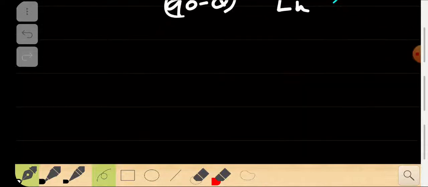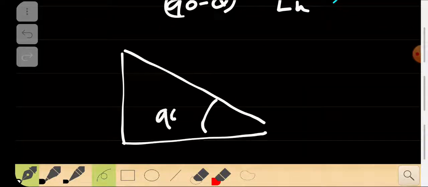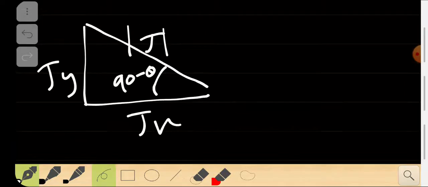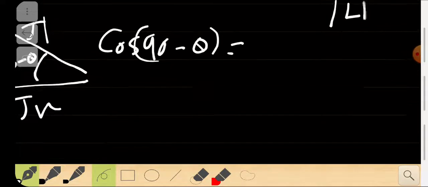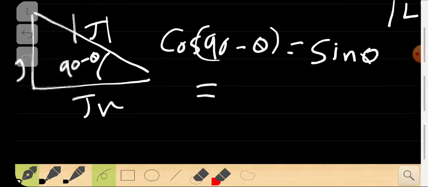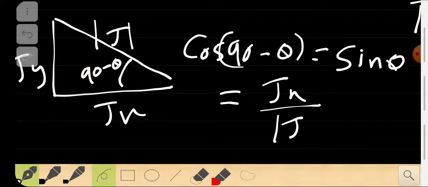Okay, let's redraw it as an easier one. This is 90 minus theta, and this is j, magnitude of j, this is jx and jy. So now cos of 90 minus theta is equal to, trigonometrically, sin theta. So this will become, cos is just adjacent by hypotenuse, it's jx by magnitude of j, right?